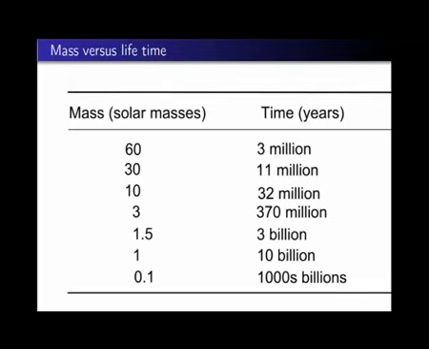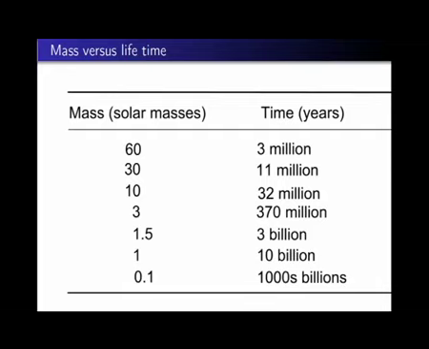Now, if I jack up the mass by, let us say, a factor of 1.5, you see correspondingly the lifetime comes down to 3 billion. It goes down by a factor of 3. It goes up by a factor of 3 in mass, and the lifetime becomes 370 million. So, it is falling very fast, certainly in an exponential manner, with a very large value of the decay constant, whatever that constant is.